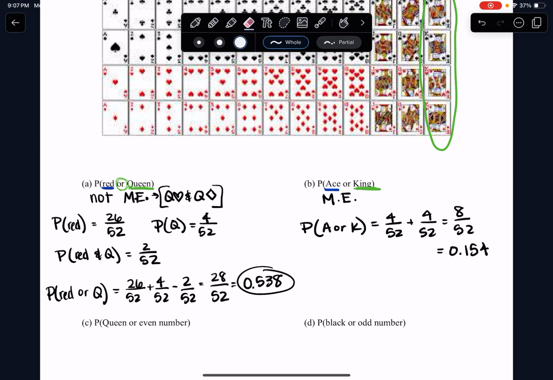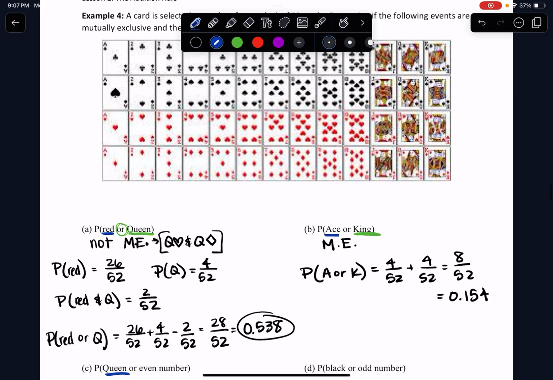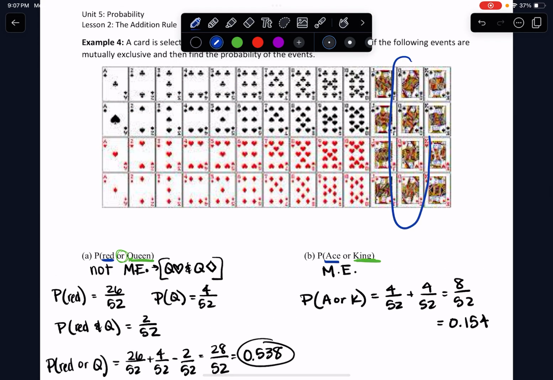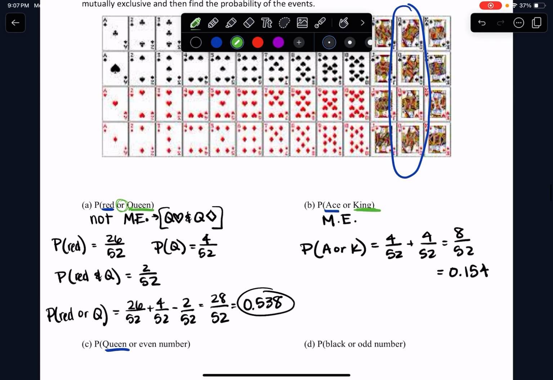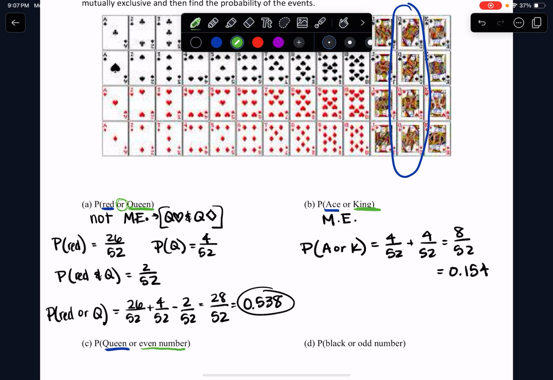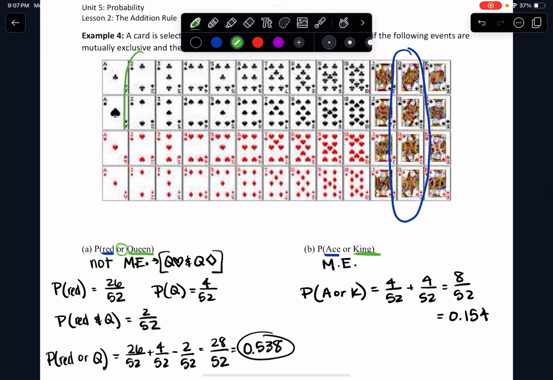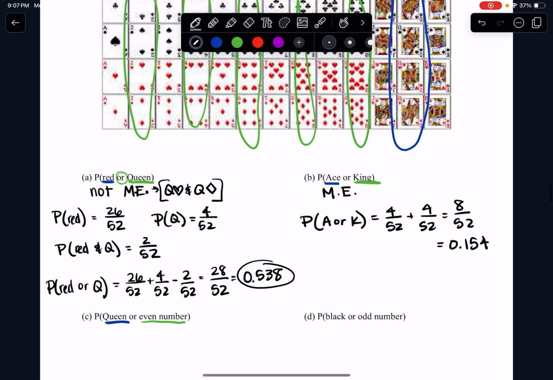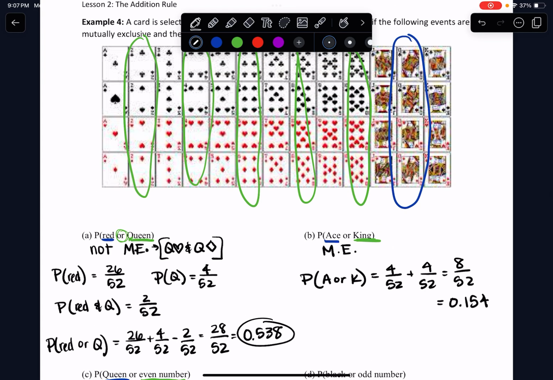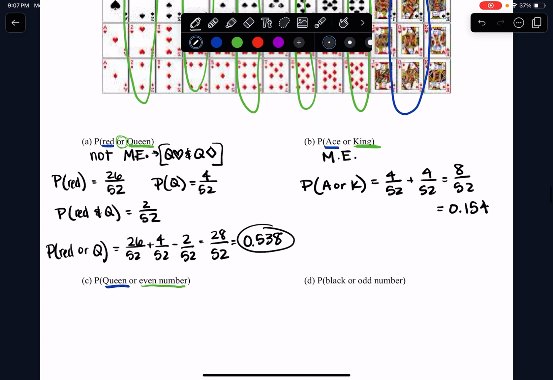All right. The probability of a queen, 4 of those, or an even number. So that's our 2s, our 4s, our 6s, our 8s, and our 10s. So we can see that there is no overlap. The queens are not even numbers, so these events are mutually exclusive.